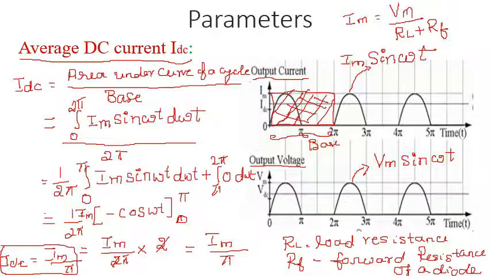That indicates that the average value of the DC current of the output waveform shown is determined as Im by pi.